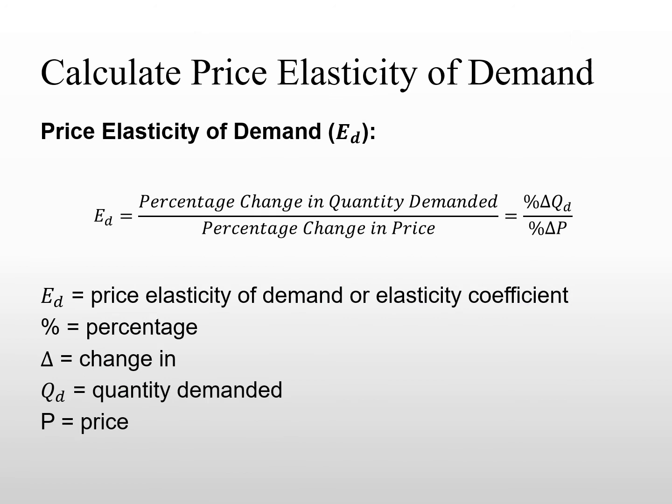The calculation for the price elasticity of demand is actually not that complicated, but it involves a two-part calculation. The general idea is using the percentage change in quantity demanded for the goods divided by the percentage change in price. I have the notations in mathematical format, and a list of these notations explained in the slides.